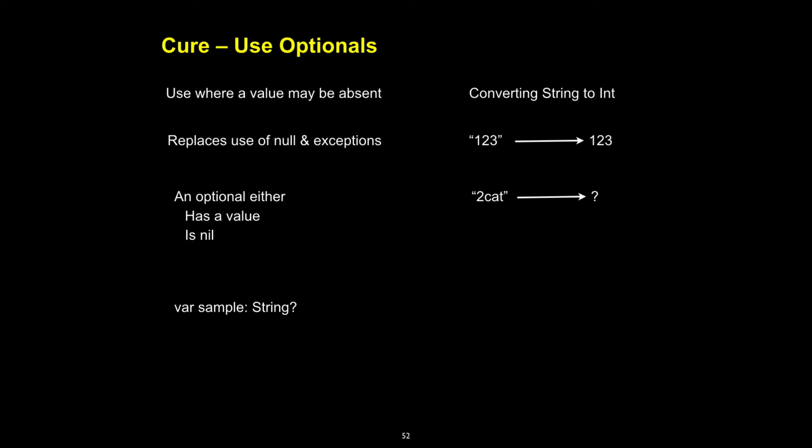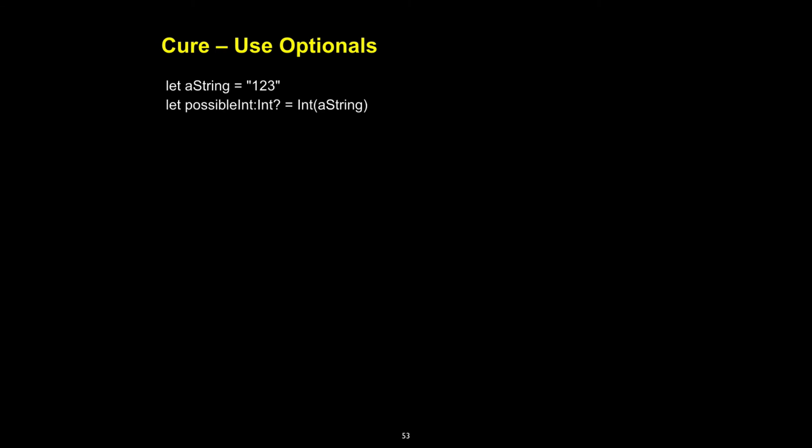And then, this is Swift syntax, but you declare, oh, the question mark indicates that it could be an optional, right? So either it has a value or doesn't have a value. So yeah, we take the string and convert it, but then we have to check, right?